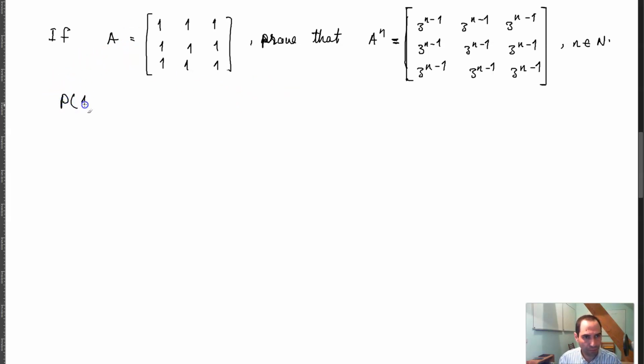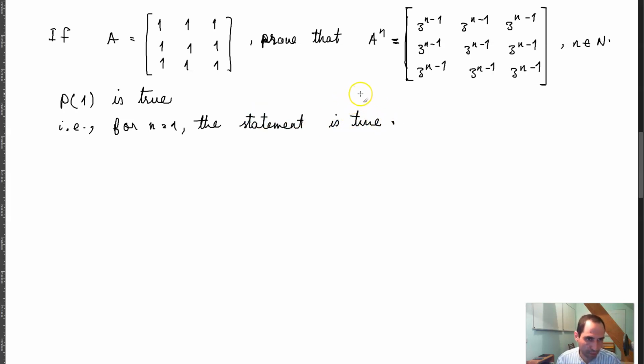You need to prove that P of 1 is true, meaning that for n is equal to 1, the statement is true.